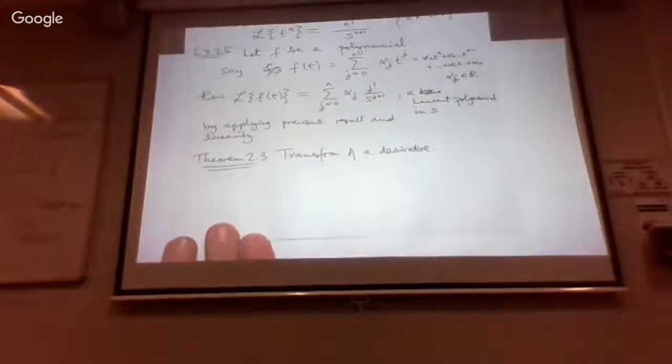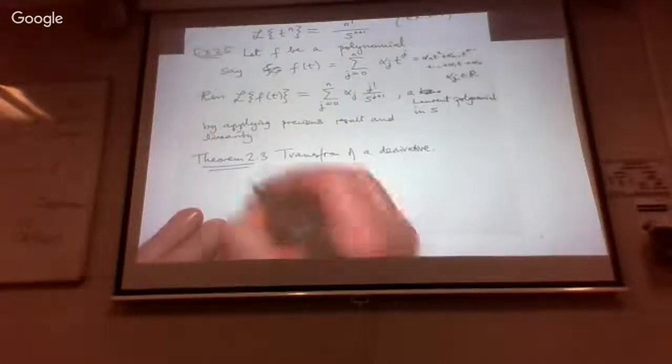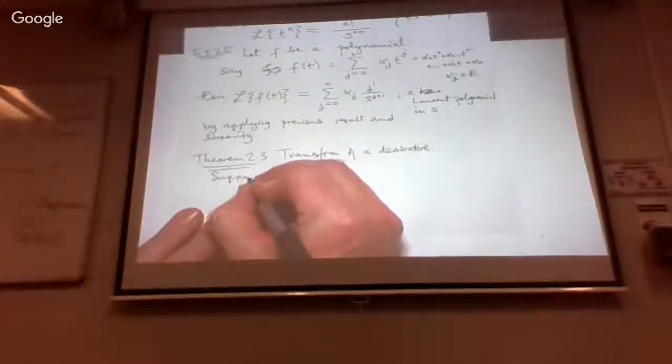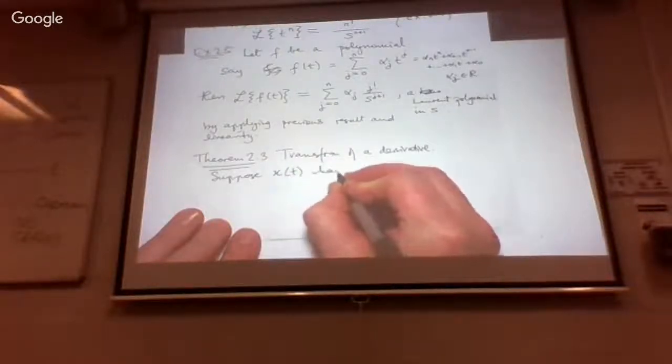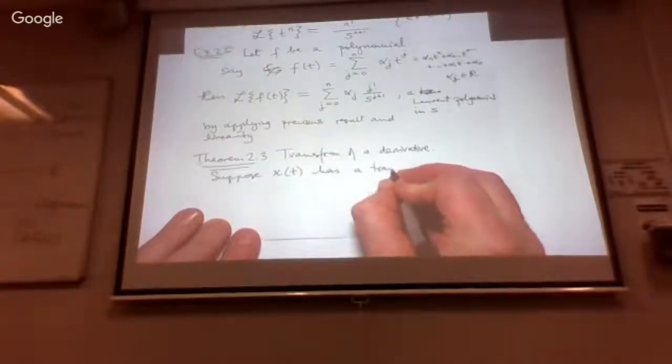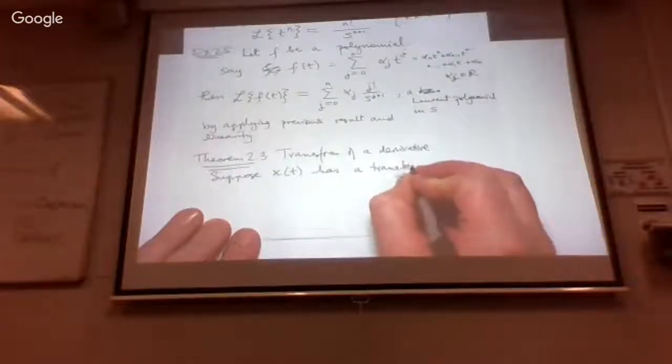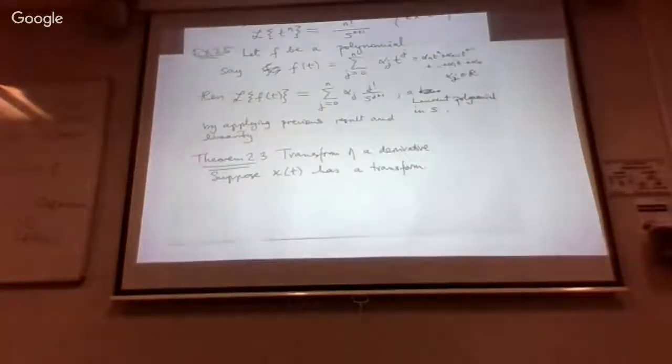I'll stick with the notation from the notes. Suppose x of t has a transform, so that integral of x of t exists.